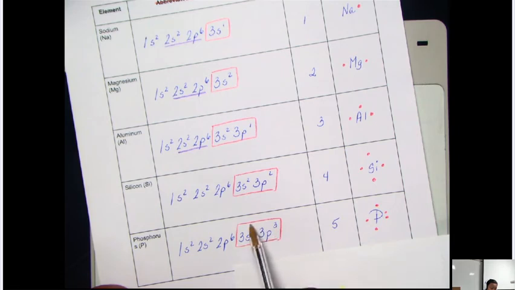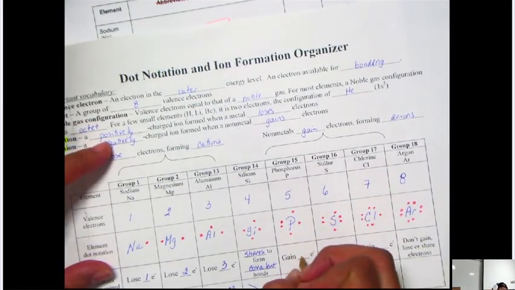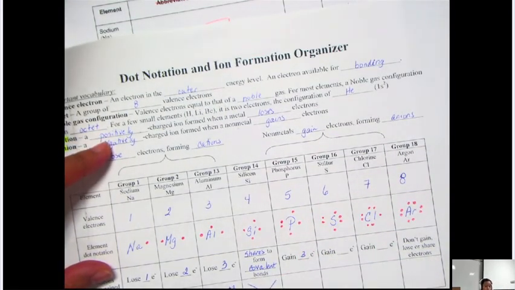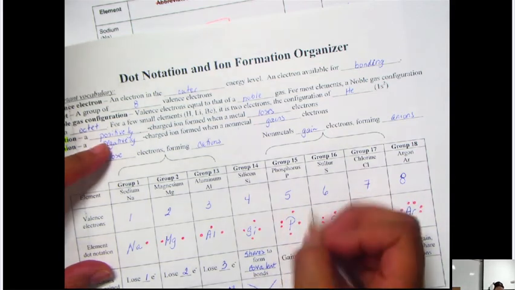Gain 3 electrons or lose 5? The smallest number is 3. Gain 3. So gain 3 electrons. We're going to add 3 more to its outer shell.